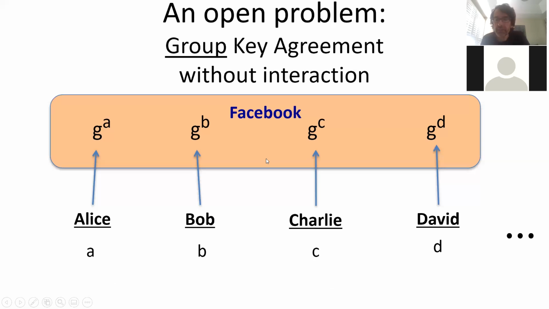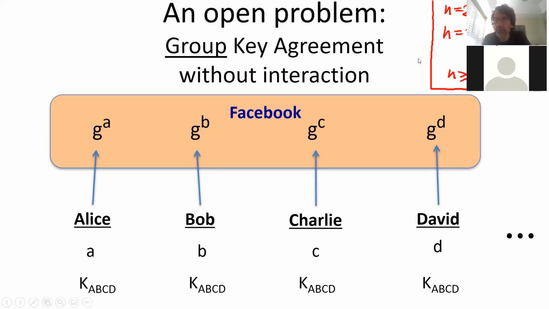An interesting technical question is, can you compute, if you want to have a communication in a group, so Alice doesn't want to just talk to Charlie. She wants to create a single key that Bob and Charlie and David could compute as well, and nobody else. That's called group key agreement. And it's interesting that using elliptic curves with some special properties called bilinear maps, you can solve it for 3 people very easily.